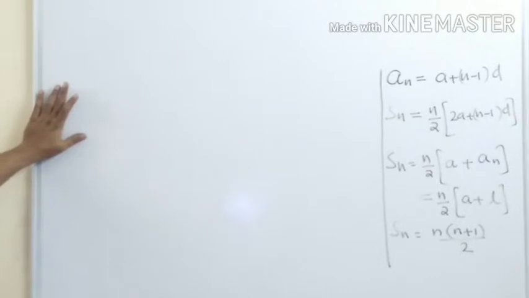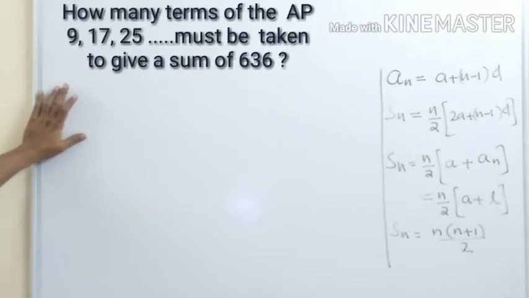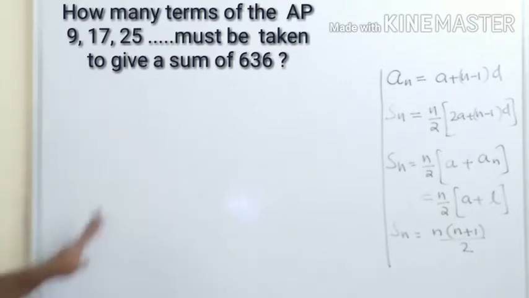How many terms of the AP 9, 17, 25, ... must be taken to give a sum of 636? That is the question, students.